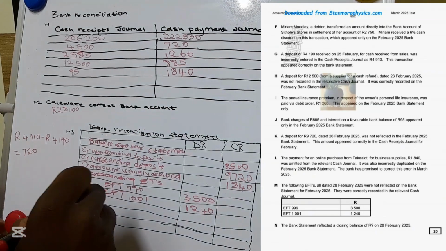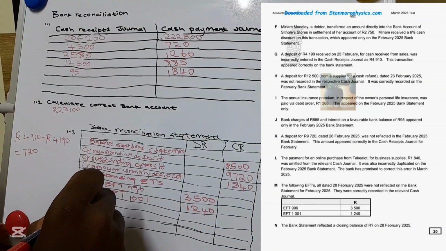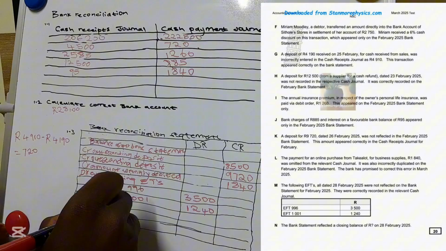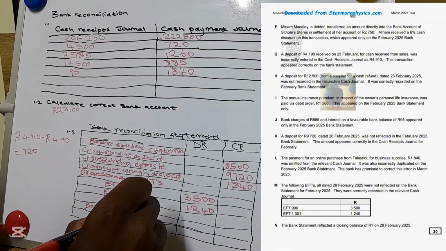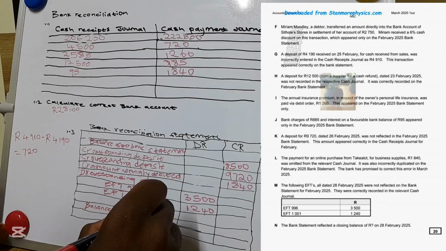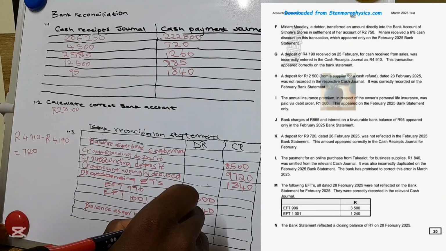Then here we have balance. Even this one, we're not sure whether it's credit or debit. So we're going to write balance as per bank account.